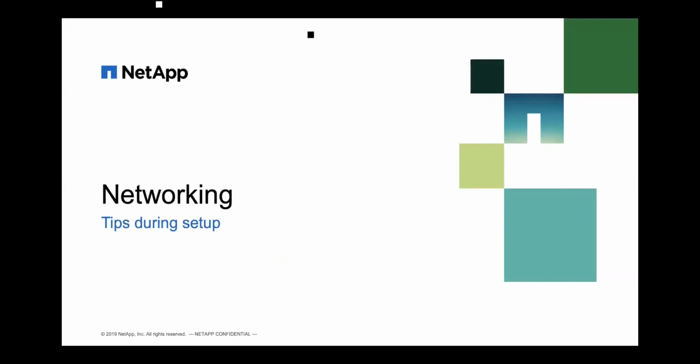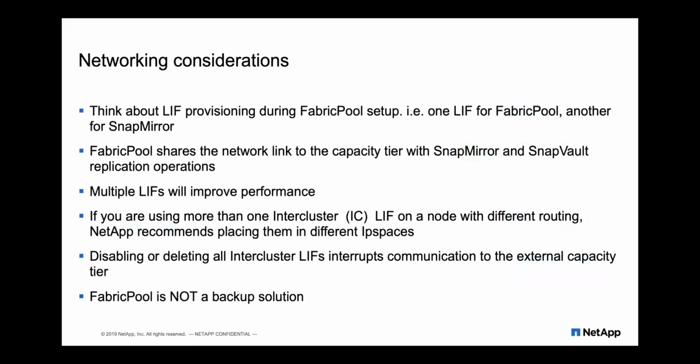Some networking tips during setup. We recommend when you're setting up your fabric pool to add an additional LIF. It uses the intercluster LIF. So set an additional one, and also if you've got your SnapMirroring. Why? Because fabric pool shares the same network with your SnapMirror, SnapVault replication operation. Multiple LIFs will improve performance, or at least you can determine and monitor your fabric pool traffic against your SnapMirror traffic.